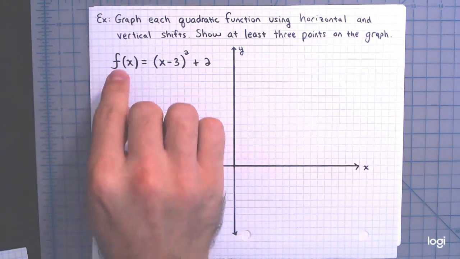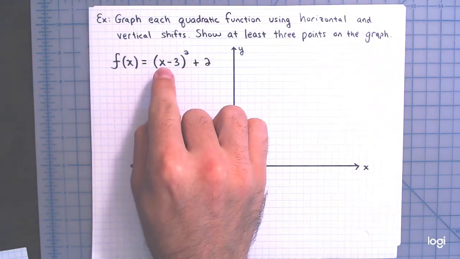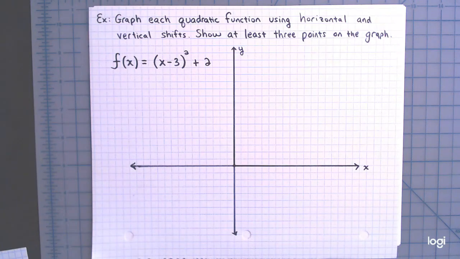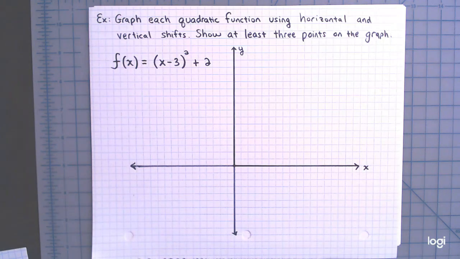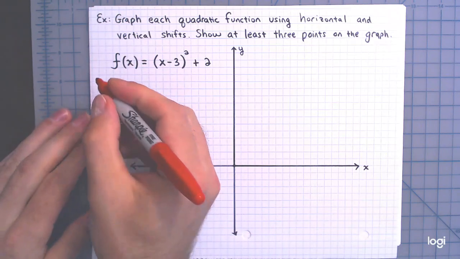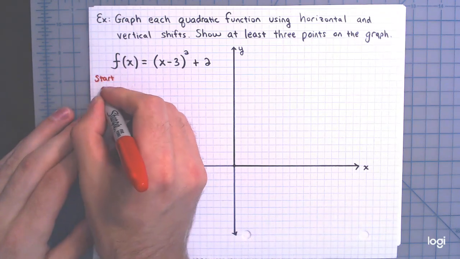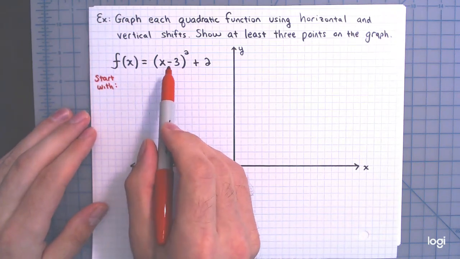So I've got f of x, or y, equals the quantity x minus 3 squared plus 2. When I'm asked to use shifts, that means you're using function transformations. So I'm going to start with a very basic function. Now I notice this expression has a variable squared.